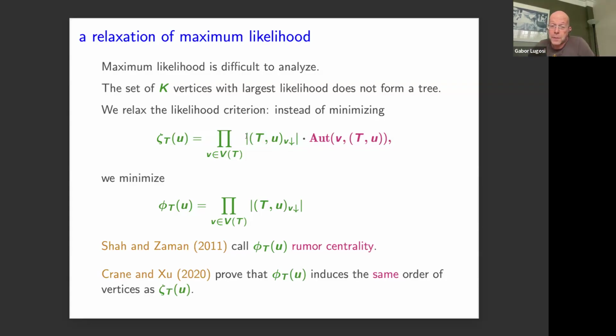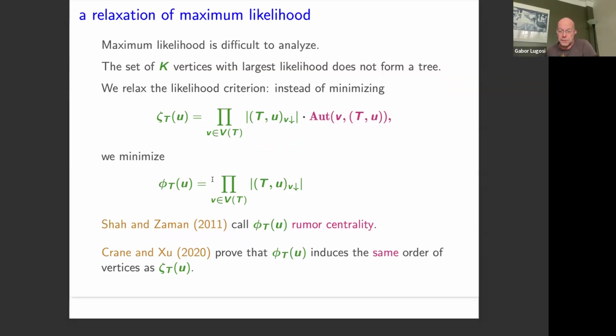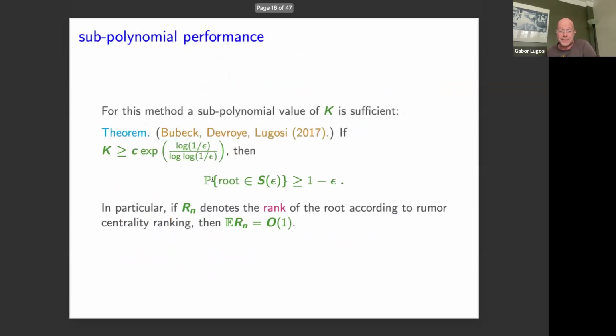Now that we have a simpler measure of centrality, we can analyze it. What we could prove, which was a little bit technical, is that if k is larger than e to the something like log 1 over epsilon over log 1 over epsilon, then that suffices.